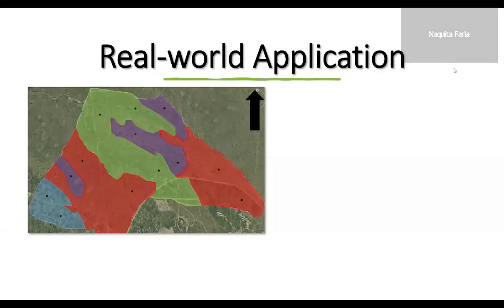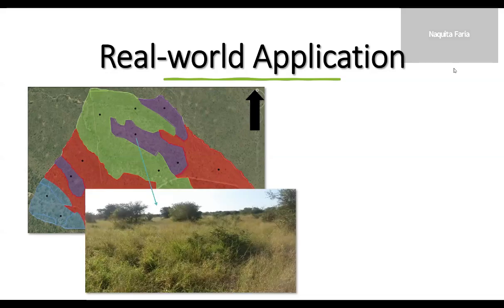As you can see here, there are 4 different vegetation units. Within each of those vegetation units, I then had to randomly select sample sites, which are your black points over here. Each of those sample sites I then surveyed. This just gives you an image of that little black point over there, which was the site that I then surveyed.